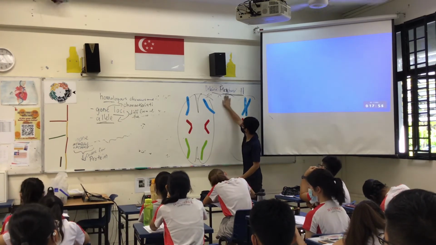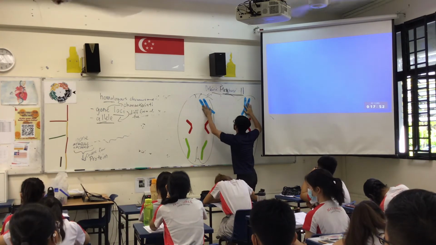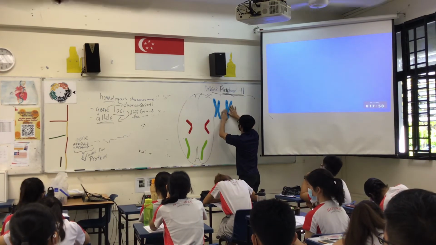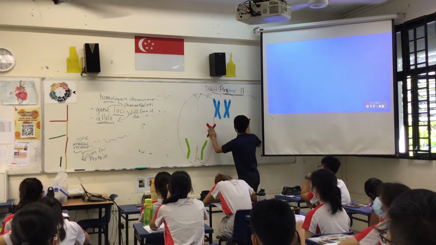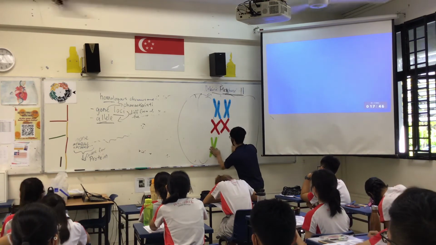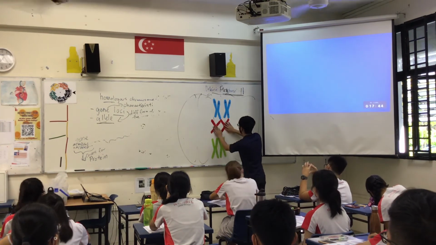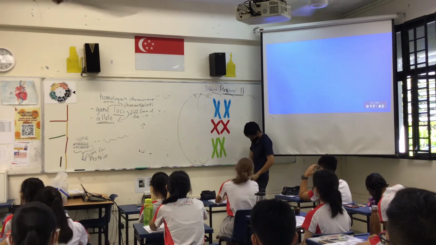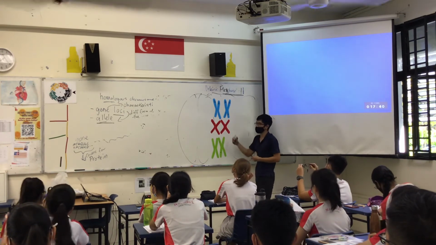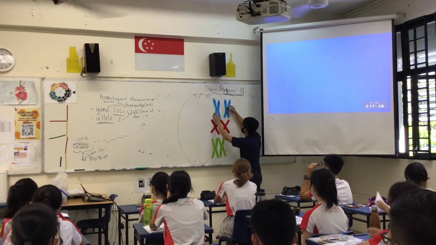Okay, maybe to end off, let's talk about what independent assortment of chromosomes is. Let's reverse back to metaphase 1.